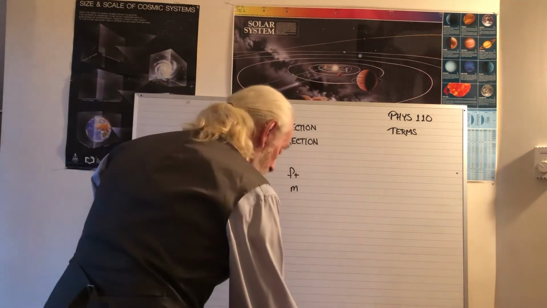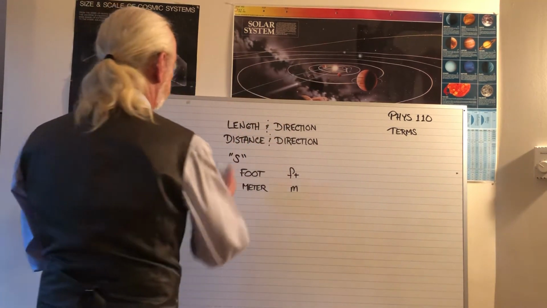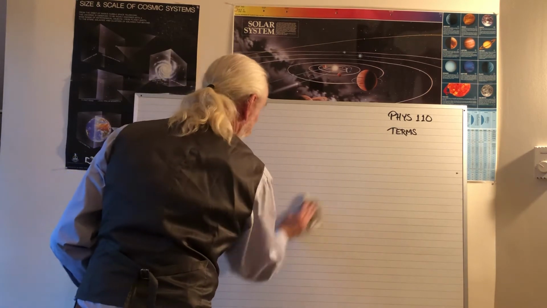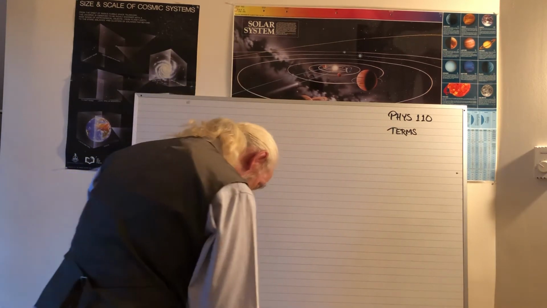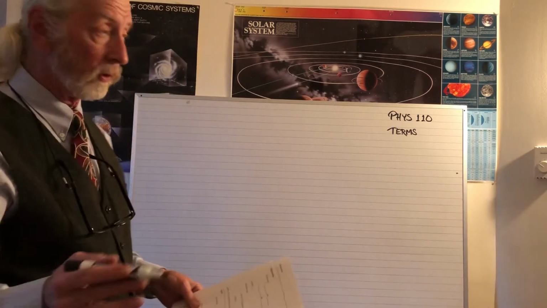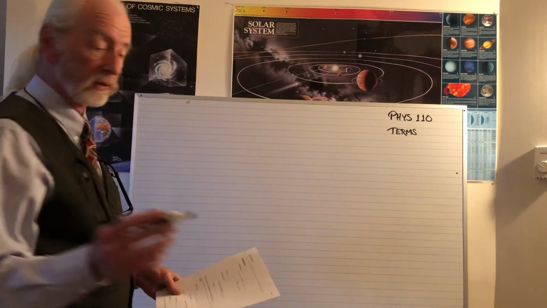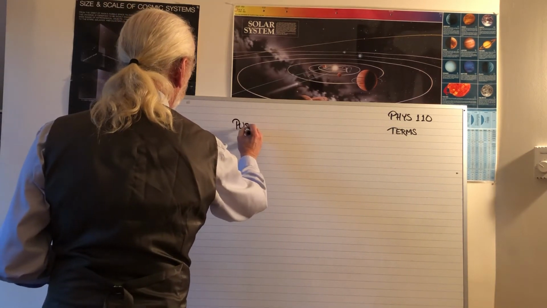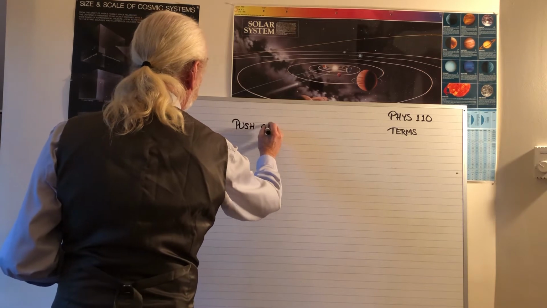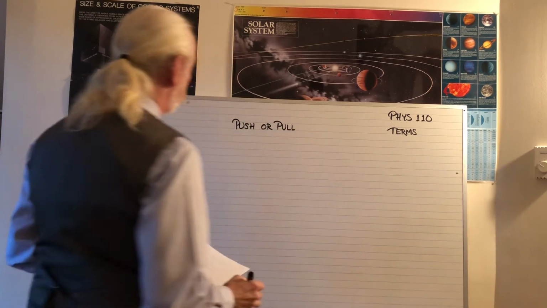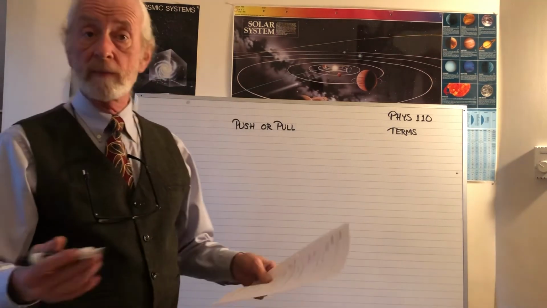The next thing we're going to talk about is force. Definition of force. We'll use Sir Isaac's definition of a force: a push or pull. That's Sir Isaac's definition of a force, a push or a pull.